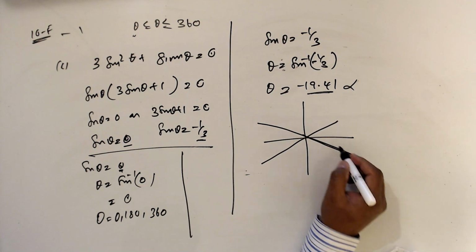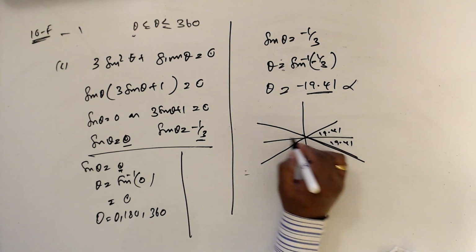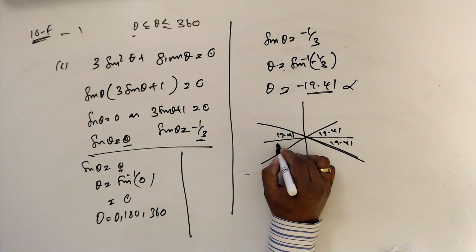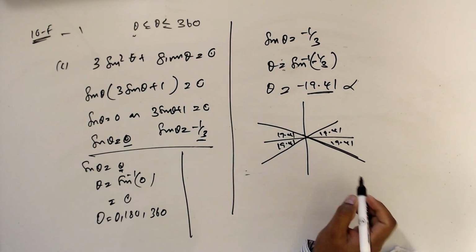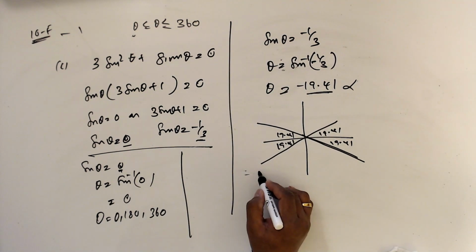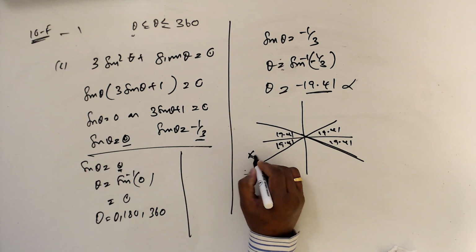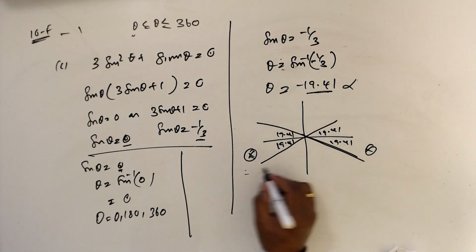So this is 19.41, but actually sine is negative. So sine is negative in the third and fourth quadrants.